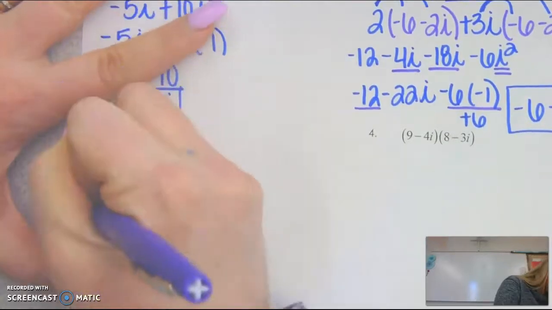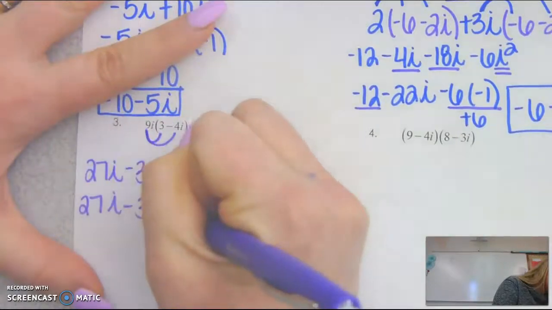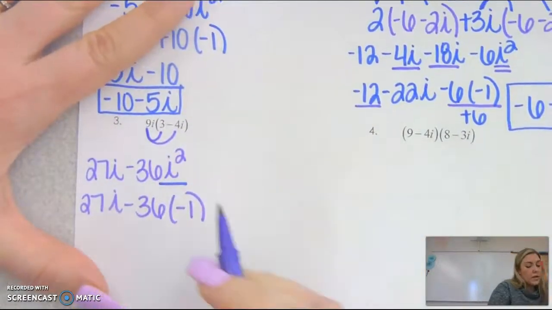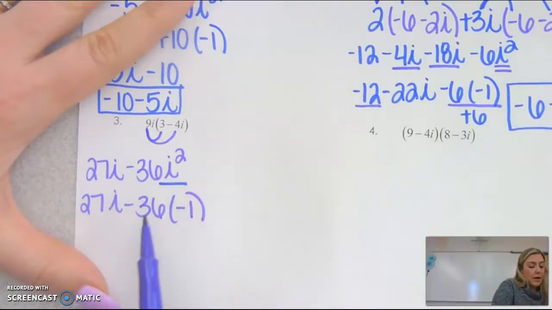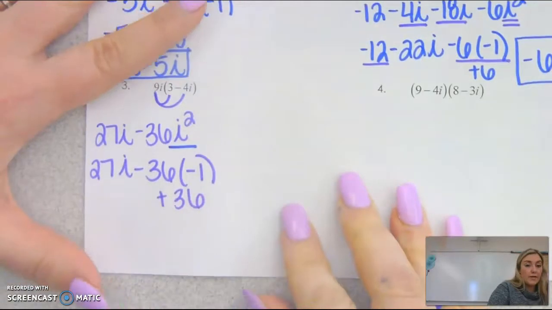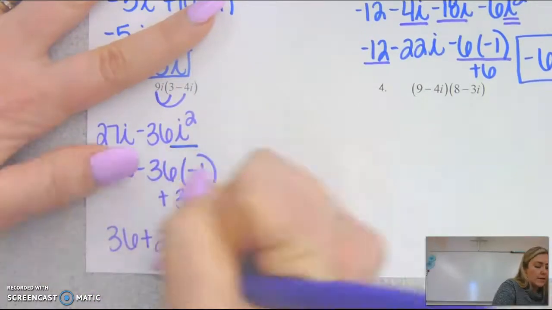So I have 27i minus 36 times -1, and that turns into +36. So now I just need to rewrite it in standard form. So I have 36 plus 27i.